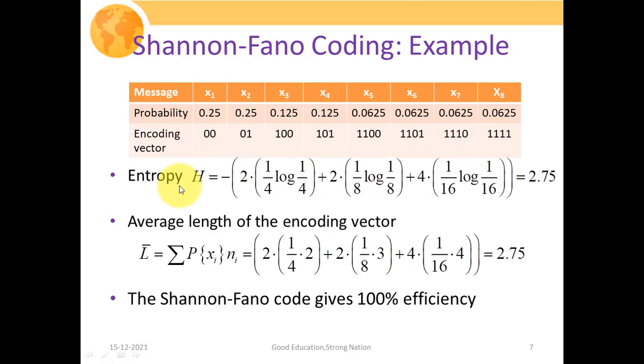Now if we have to calculate the entropy associated with that particular source, we have already studied the entropy formula, that is minus summation of pi log pi. So we have used minus times of 1 by 4 log of 1 by 4, and how many times will we have this 0.25 probability, or 1/4, that is for symbol x1 as well as for symbol x2. So we have multiplied with this 2.